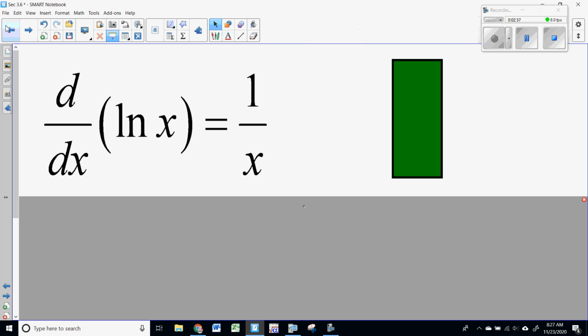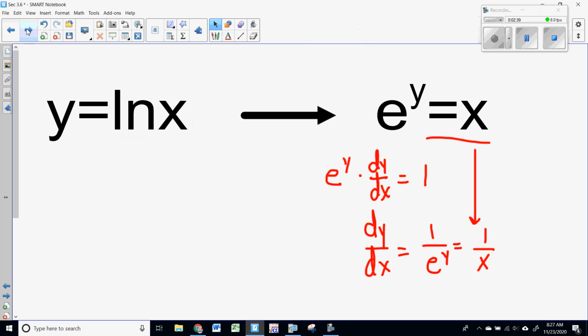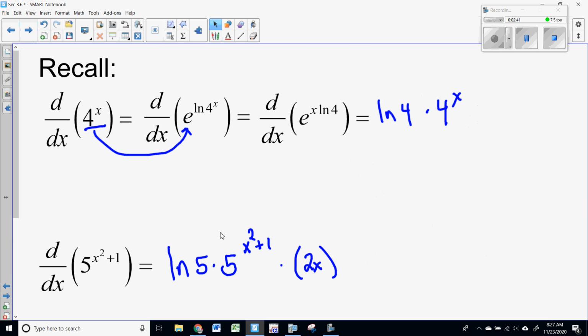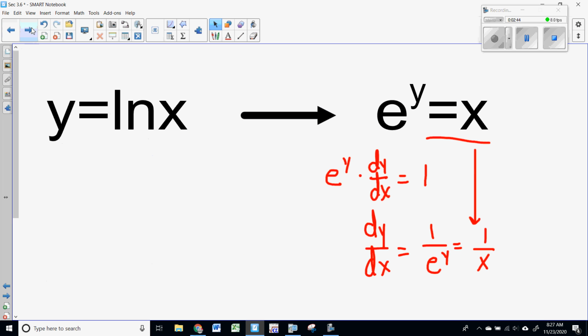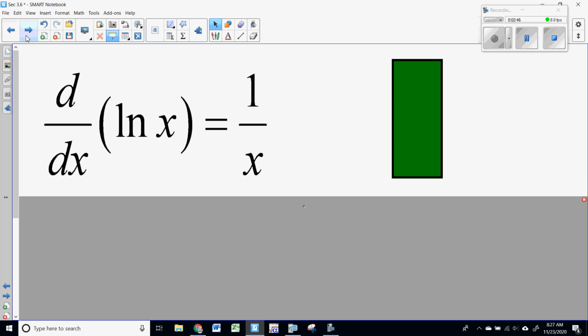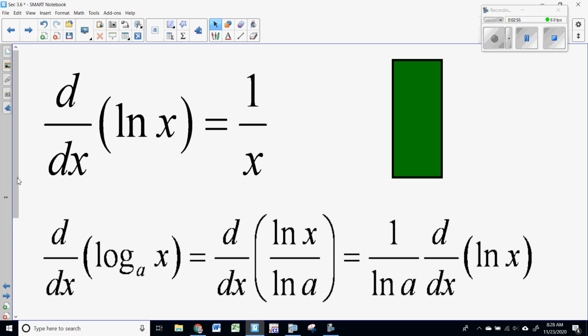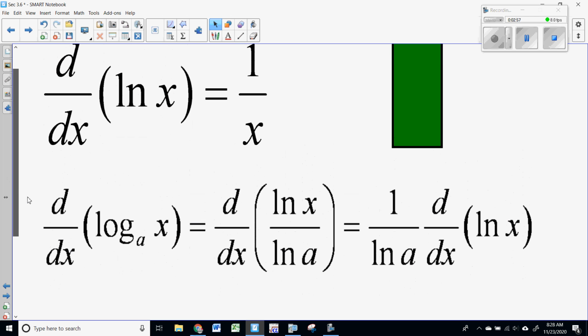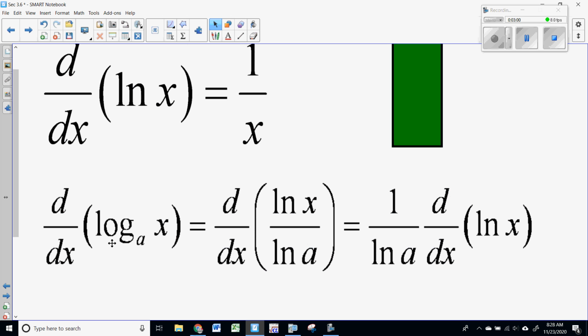Now, that works because of our e, the derivative of e, and all of that stuff that we talked about previously with natural logs, and it only really works when we're taking the derivative of natural log. If it's a log of a different base, that doesn't work that nicely. So what we're going to have to do is, if we have a derivative of anything else, another log base a, common log, for example, or any other log, we're going to rewrite the log base a of x with the change of base formula.